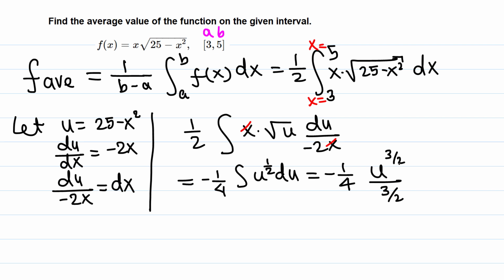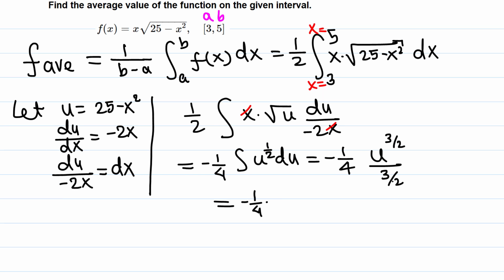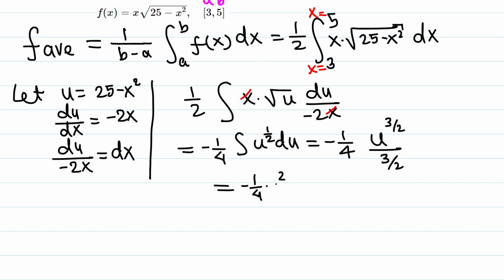Plus C is not needed because we have to evaluate the limits. So this is negative 1/4, with 3/2 on the bottom. If we bring that to the front, that's just 2/3. u is 25 minus x squared, raised to 3/2, and we had limits x from 3 to 5.